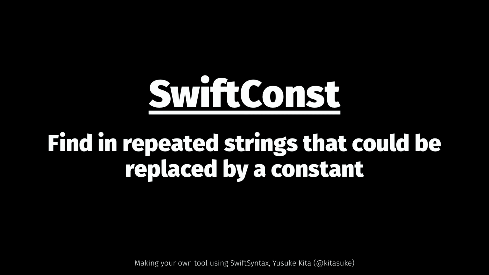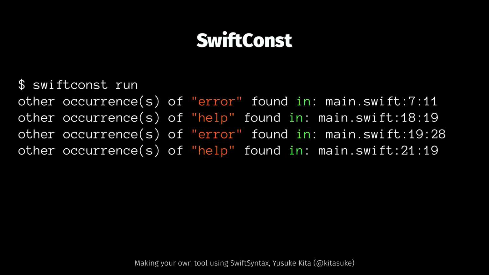Next, SwiftConst. It is an inspector tool for finding repeating strings in your project. But please be aware that this is still a beta version. So I will probably extend this tool to find other repeating things like functions or maybe protocols or such kinds of declarations. This is an example of output on the terminal.